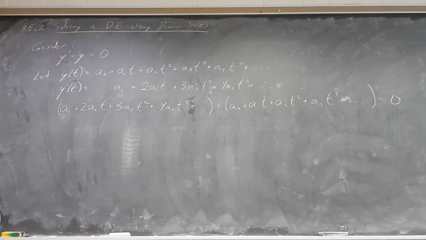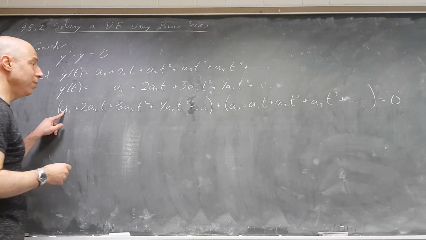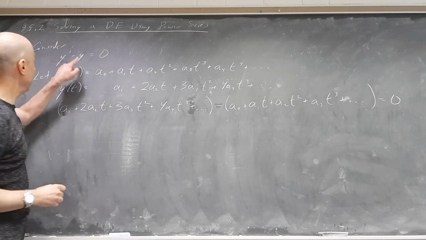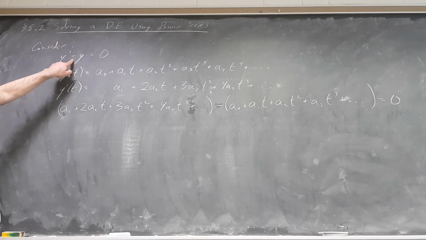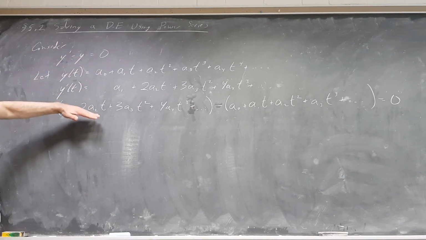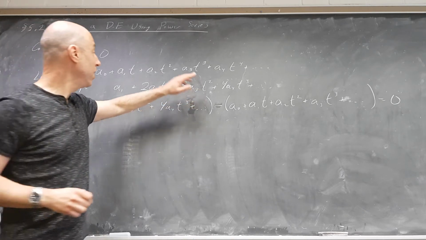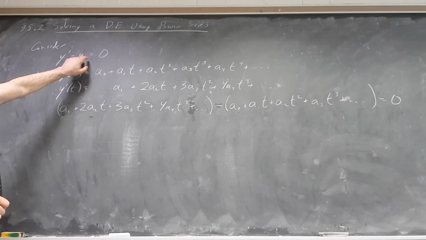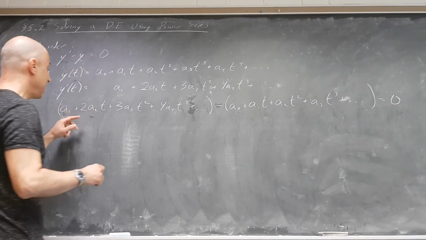Let's collect up like terms. Oh, sorry, this should be a minus sign, because we had a minus sign in the original equation. All we did is put in y prime in this set of parentheses, and we put in y right there in the original differential equation. Let's collect up like terms.